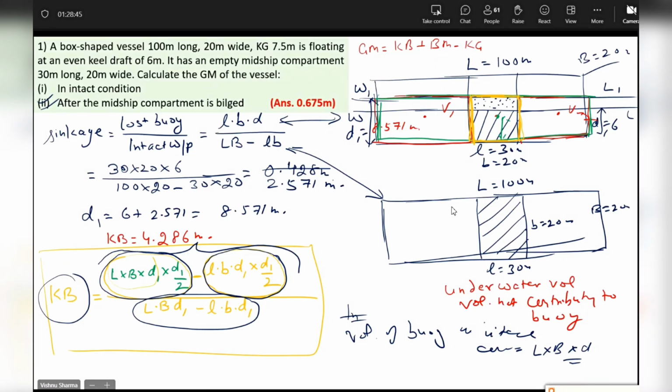Correct? So in my case, the vessel's displacement has not changed under the lost buoyancy method. So if you calculate this denominator, it will come the same as LBD. So instead of going through a lengthier process, I can just replace it by LBD.